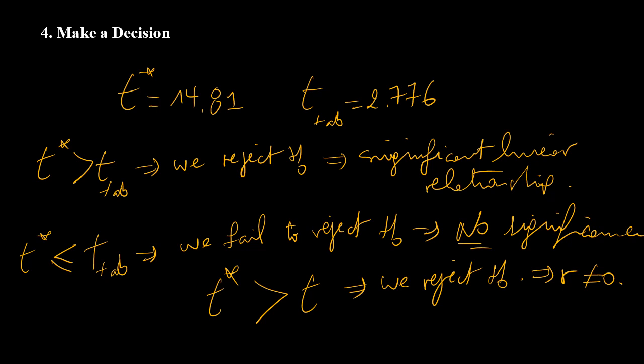So we make our decision and say that X and Y have a linear relationship. So there is a statistically significant linear relationship between the two variables.